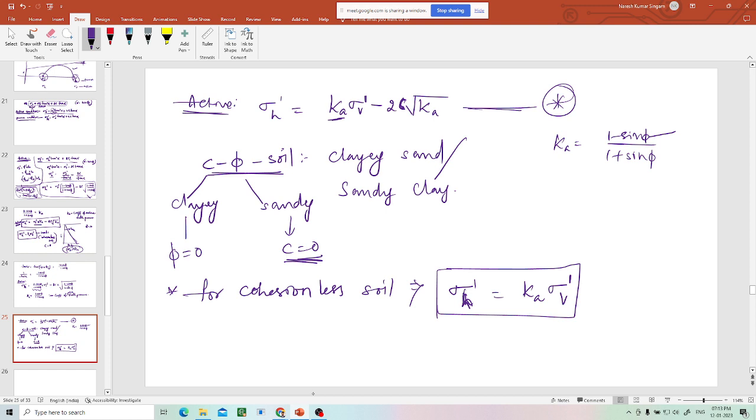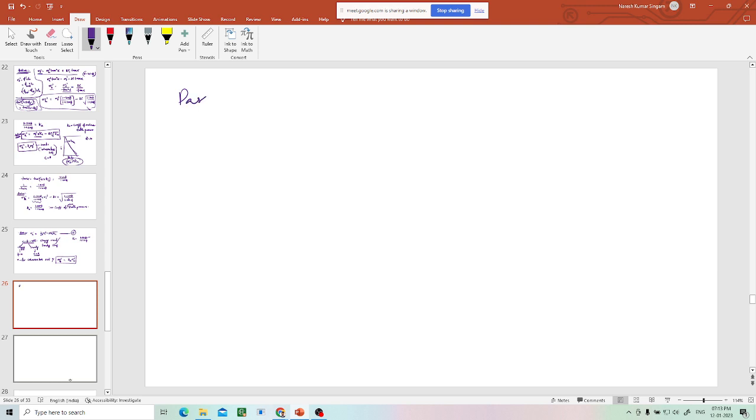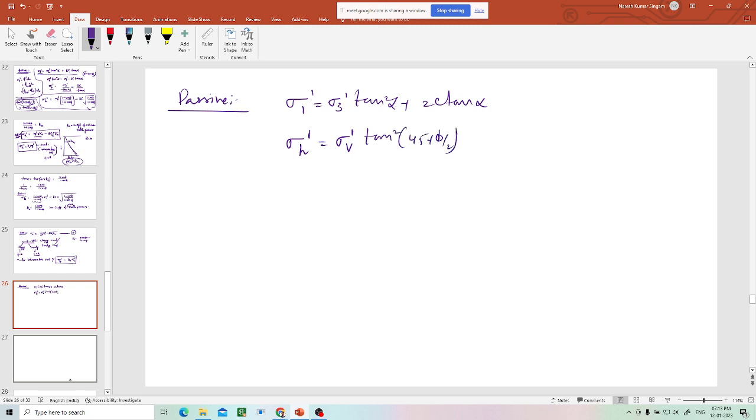And next, what you can do for passive, we'll just do for the passive. It is easy. We have the formula sigma 1 equal to sigma 3 tan square alpha plus 2c tan alpha, where sigma 1 dash is nothing but sigma h dash in passive condition, sigma 3 is sigma v dash, tan square alpha is nothing but tan square (45 plus phi by 2), plus 2c tan (45 plus phi by 2).